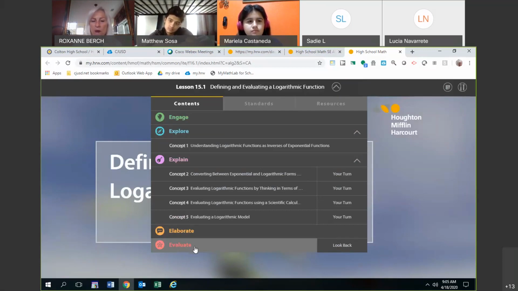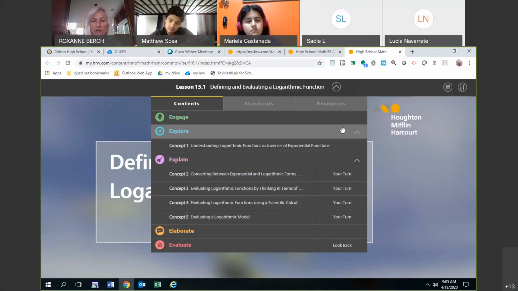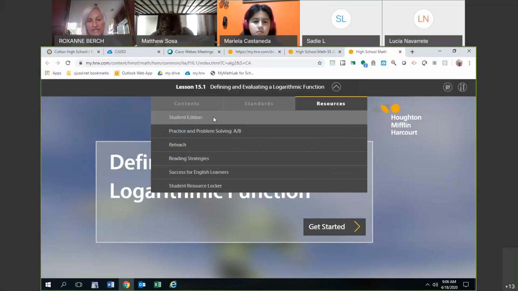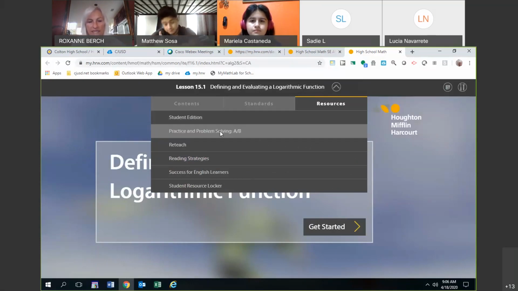I'm going to sway away from this for just a second and go back over to resources. This is also very valuable because you see your Teach Student Edition, which looks exactly like your book in the cupboard at school. You also see a practice exam AB, which were the sheets that I gave you when we were in the actual classroom.